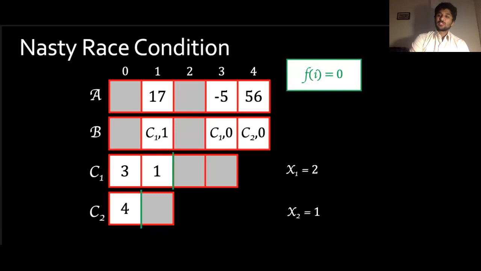Recall that the elements with gray backgrounds have arbitrary, potentially adversarial values in them. The race condition that we are interested in requires the garbage value in B2 to be (C2, 1), that is, a pointer to P2's next available certificate.